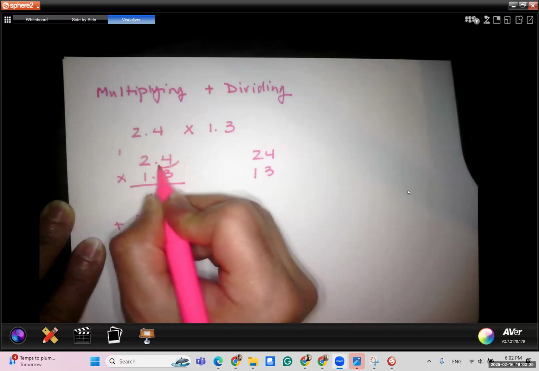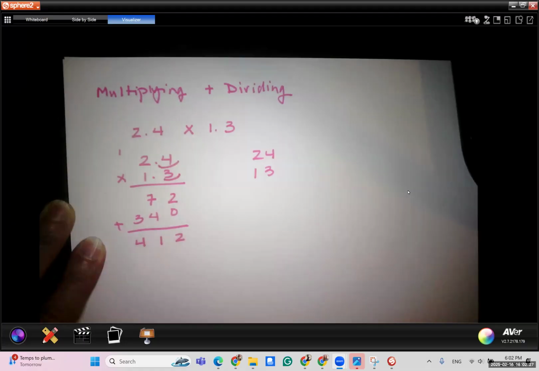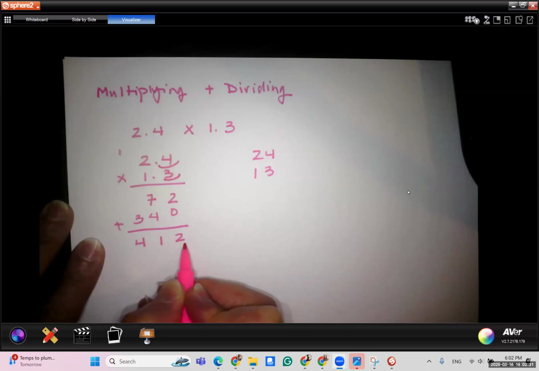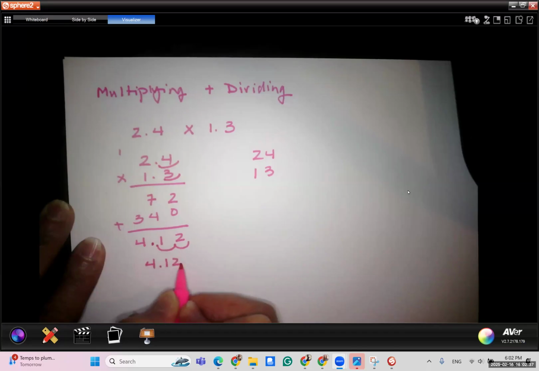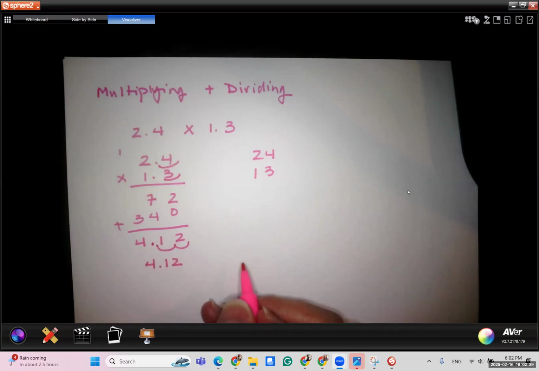So I have one decimal place here, one decimal place here. So I have a total of 2 decimal places. So I'm going to start from the right of my number and count 1, 2 decimal places and put my decimal place there. So 2.4 times 1.3 is 3.12, okay? Assuming I didn't make a mistake in my multiplication, okay?